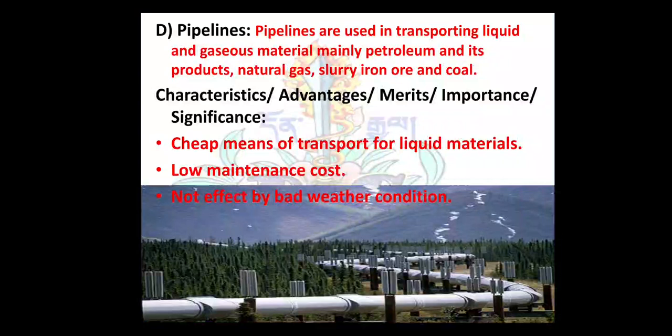The characteristics, advantages, and merits of pipelines are: a cheap means of transport for liquid materials, and low maintenance cost as compared to roadways and railways, which have high maintenance cost. Seasonally we have to repair the roadways and railways, but as compared to these modes of transport, pipelines have low maintenance costs. This type of mode of transport is not affected by bad weather conditions.